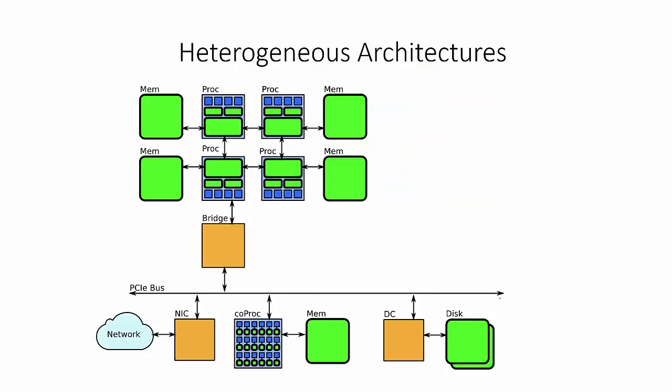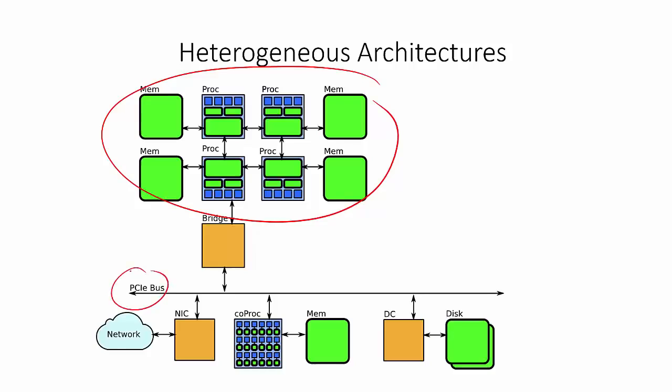The third kind of architecture is called heterogeneous architectures. In a heterogeneous architecture, we have a typically homogeneous system. It can be an SMP or a NUMA processor connected to some I/O bus, which in most cases is a PCI bus. Then we can connect heterogeneous accelerators to this PCI bus.